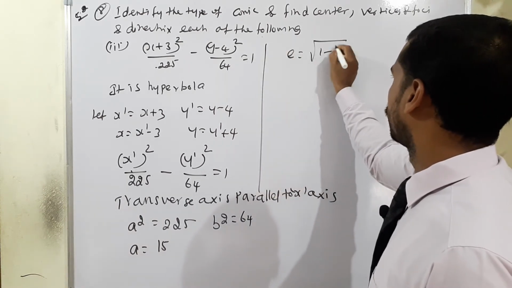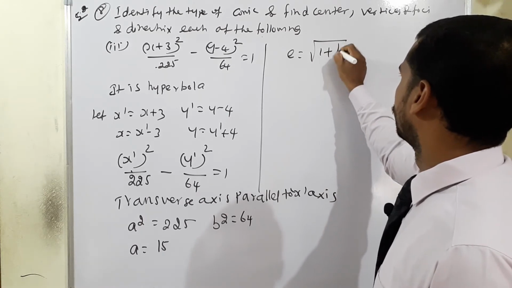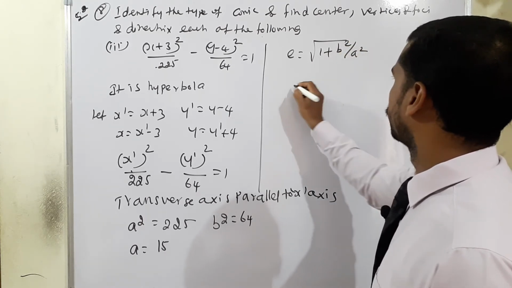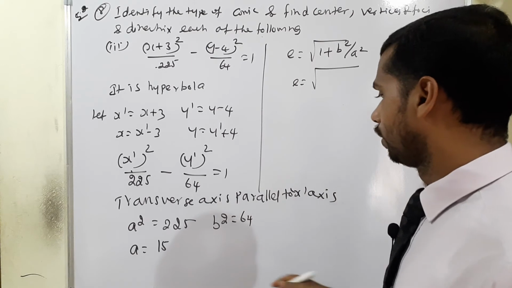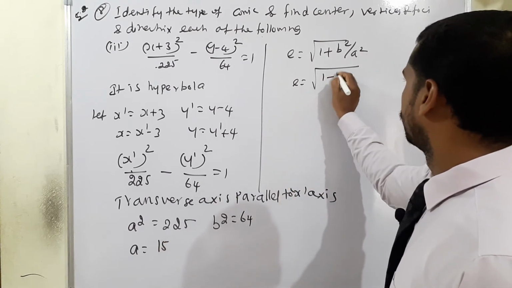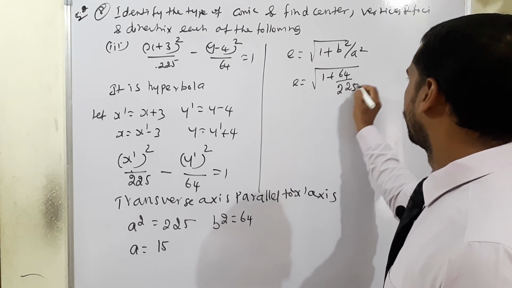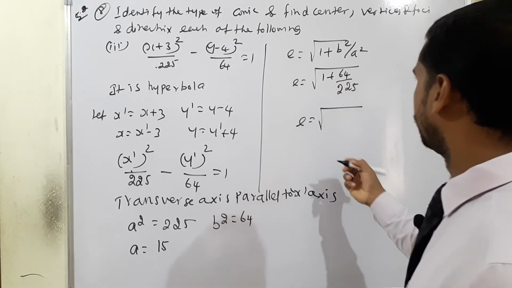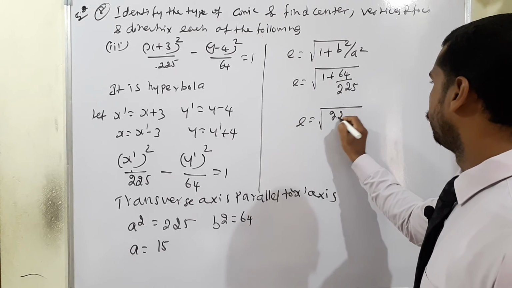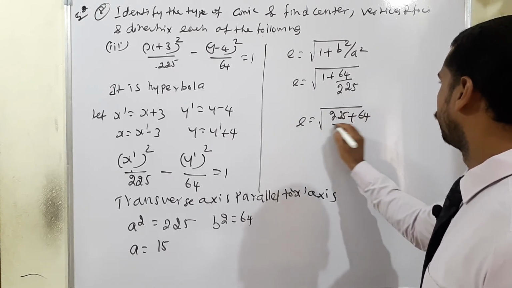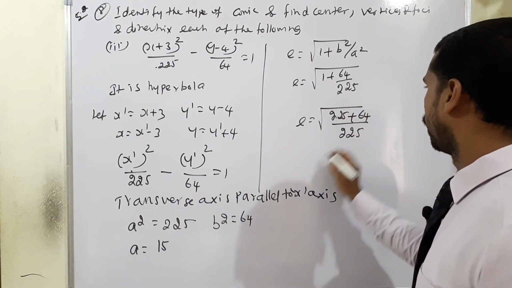For a hyperbola, e is the square root of 1 plus b square divided by a square. So e is equal to the square root of 1 plus 64 divided by 225, that is 225 plus 64 divided by 225.